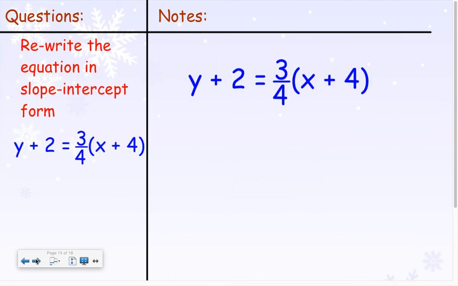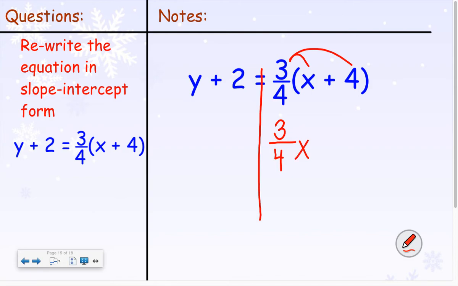All right, another one with a fraction. y plus 2 equals 3/4 times x plus 4. Change your x and distribute. 3/4 times x is 3/4 x. And then off to the side here, I'm going to do 3/4 times 4, which is 4 over 1.